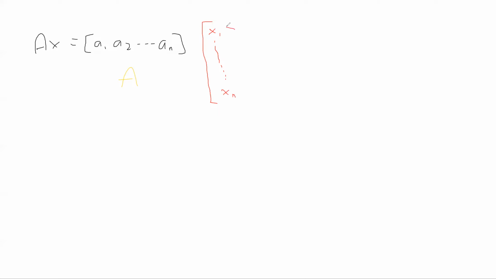If the matrix A has n columns, then our solution, the vector x, is going to be in Rn because we are going to have n entries in order to multiply it with the matrix A. So this thing is in Rn.